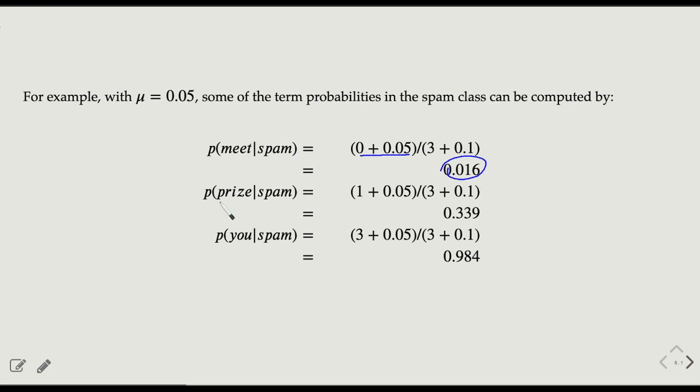Okay, we can also estimate how likely you are going to encounter price in the spam collection as well. So we can estimate the conditional probability of each term given spam. We can do likewise in the ham class, right?